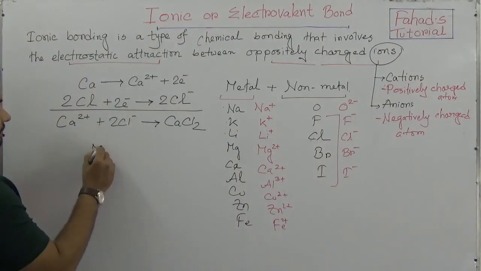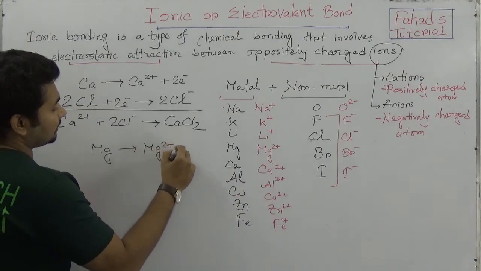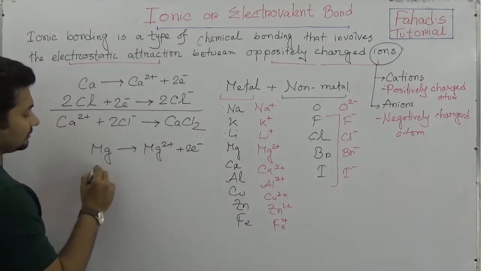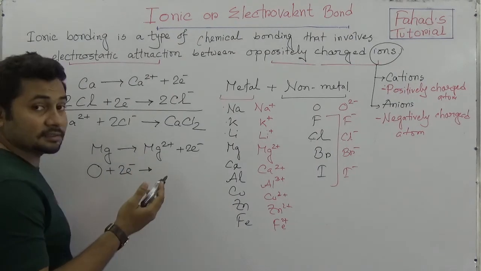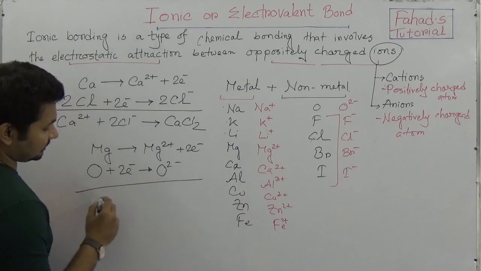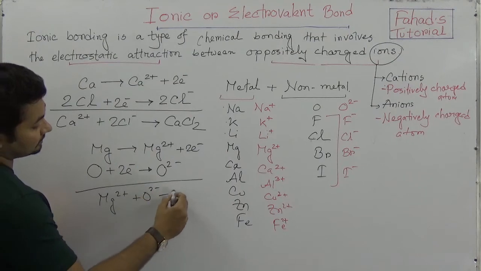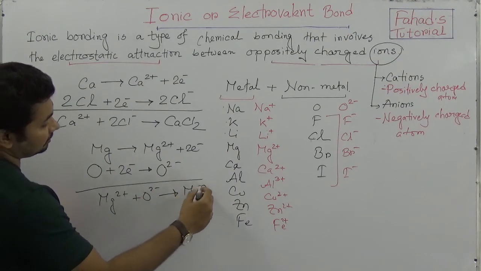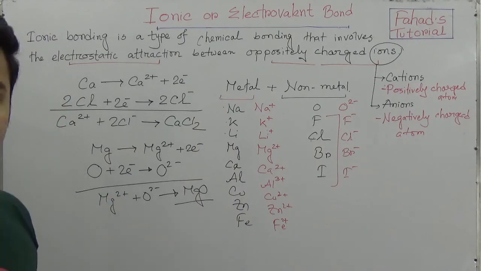So we can say that magnesium is becoming magnesium 2 plus by donating 2 electrons, and oxygen is accepting the same number of electrons. So O2 minus, and altogether magnesium 2 plus and O2 minus will become magnesium oxide, which is very good. So this is magnesium oxide.